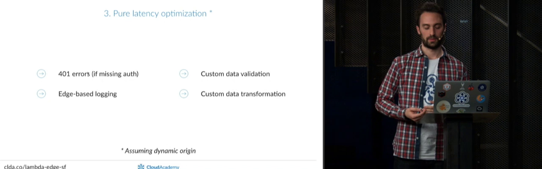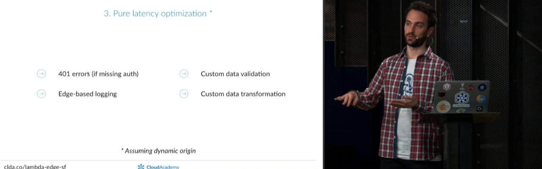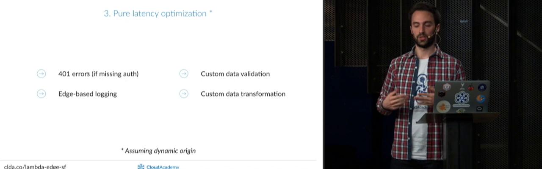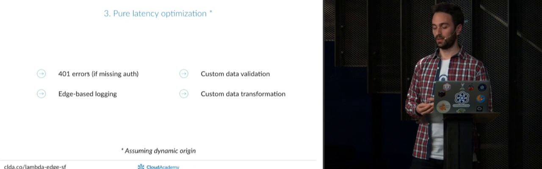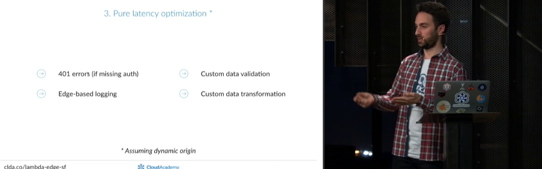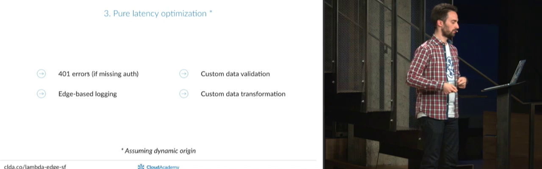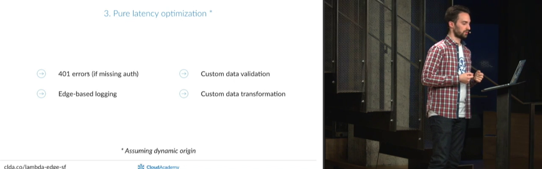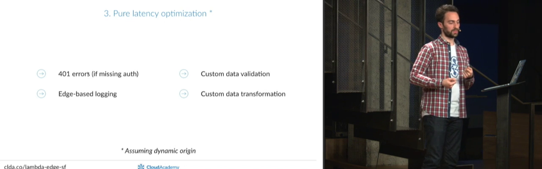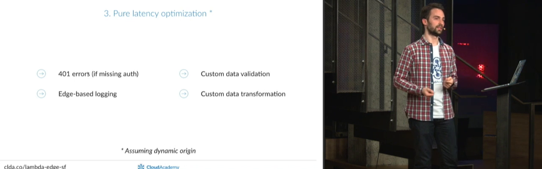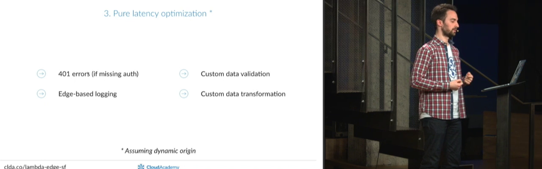Here the assumption is that the origin is a dynamic service and you're using CloudFront only for caching. If you cannot change the origin, it's very cool that you can put a Lambda function as close as possible to the user and either manipulate the data before it goes back or just validate it. Same as for the missing authentication header, here we can validate the data at the edge and return an error as soon as possible without even hitting the origin.